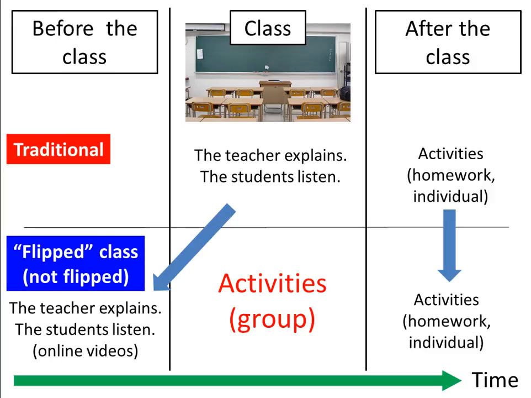And what is good about this style of teaching is that because the teacher explains whatever they have to explain in online videos, we can have much more time in the class, and we can spend that time for activities, for group work, for pair work.